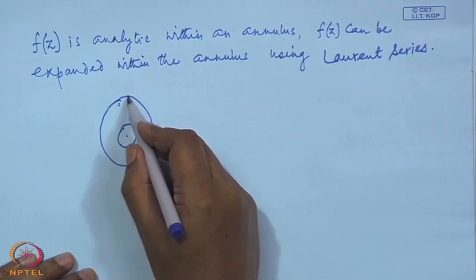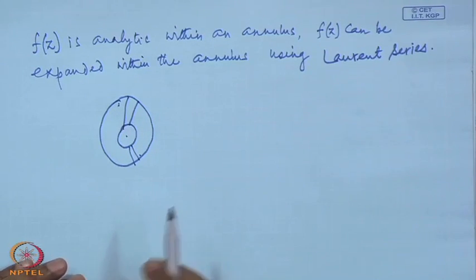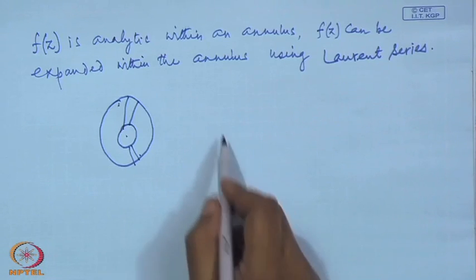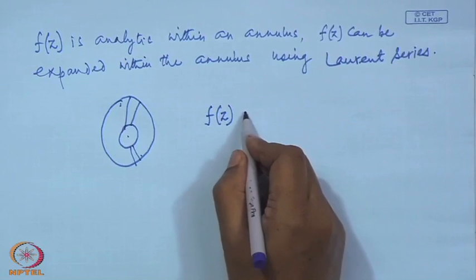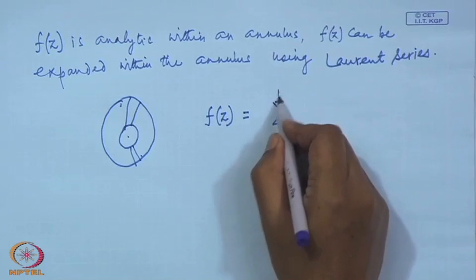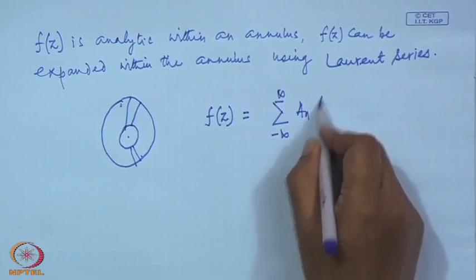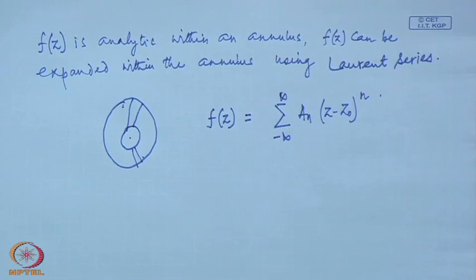So, within this annulus, you can expand the series in this way, where you are expanding this function near point z0 once again.